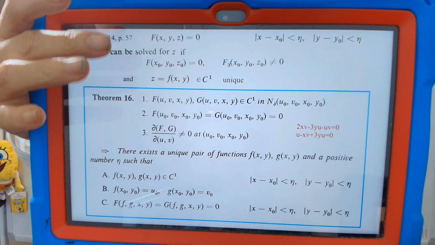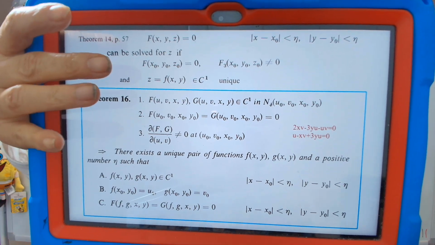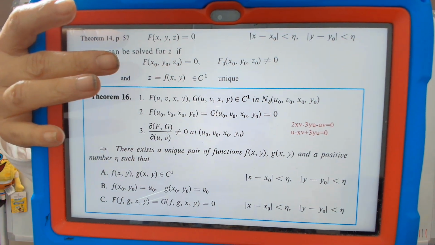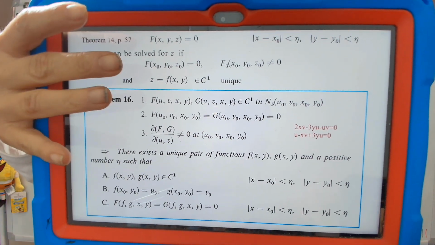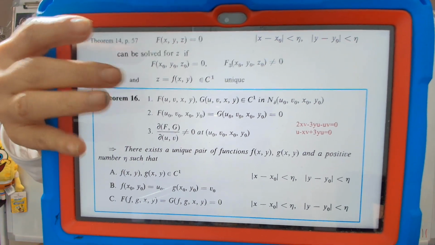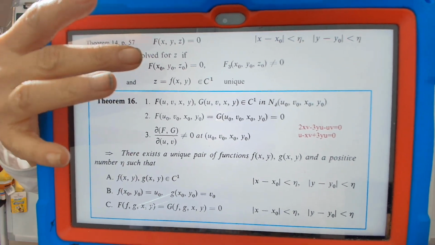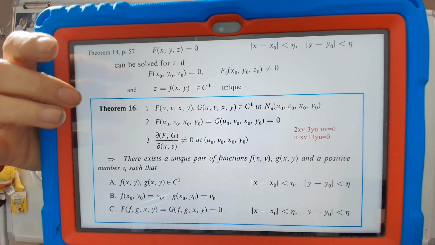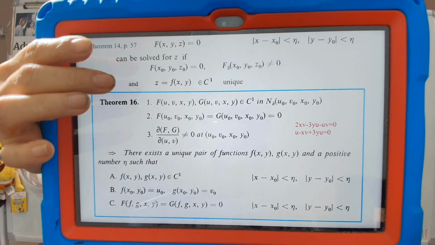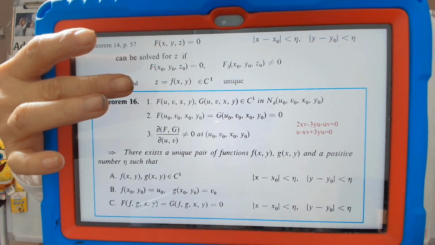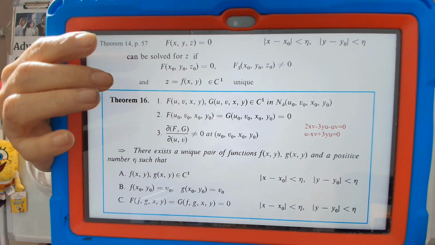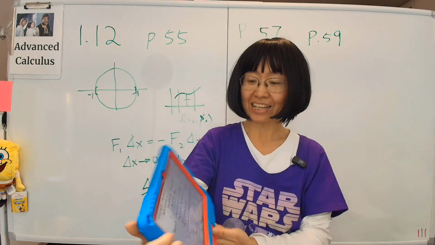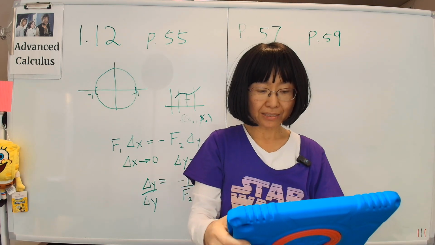That is, if you need to solve for one of the variables, then at a specific point, x0, y0, z0, and some other thing, 0, you make sure that the partial derivative with respect to that variable is not 0. And if you do, then you will be able to yank that variable out of a function of other variables, and it will be C1, and it will be unique. All right, and so that is Theorem 14.